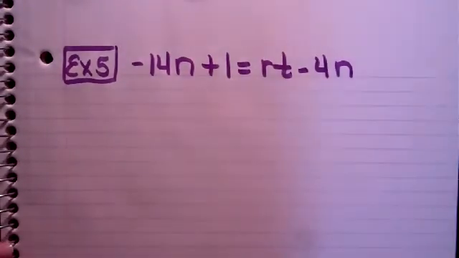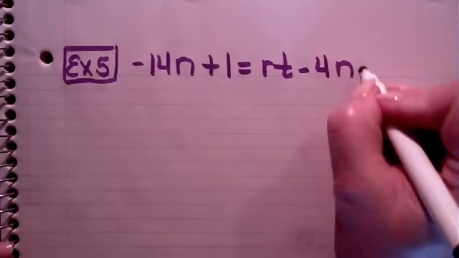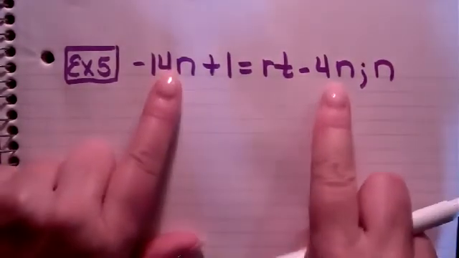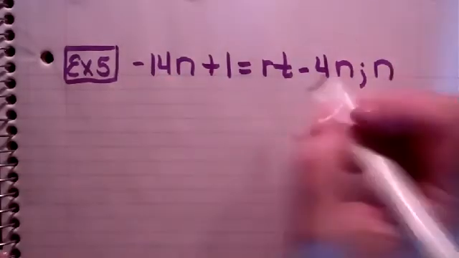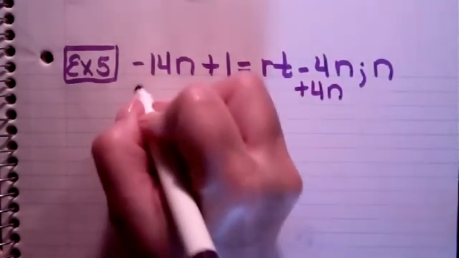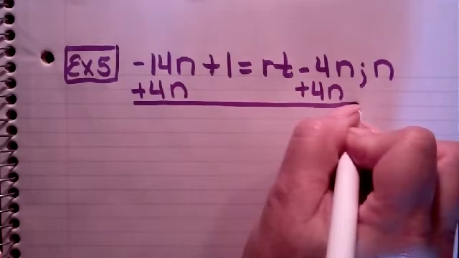Now, oh, we're solving for n, sorry about that, we're solving for n. So what I'm going to do first is I notice I have 2 terms for n that I can combine. So let's do that first. So first thing I'm going to do is I'm going to add this 4n to both sides. Just like that. Okay, see what I did?